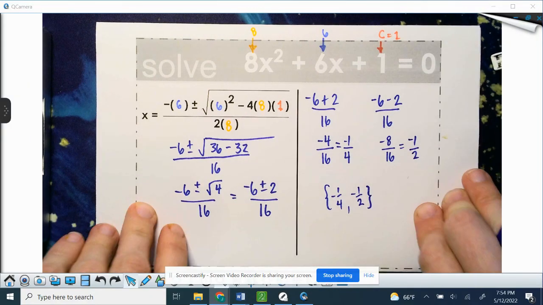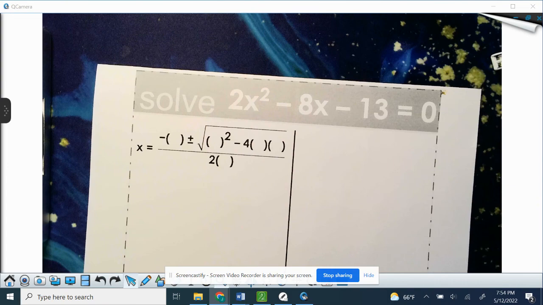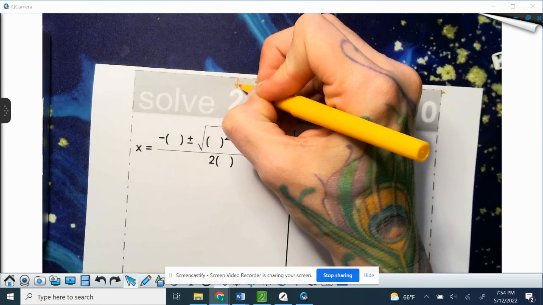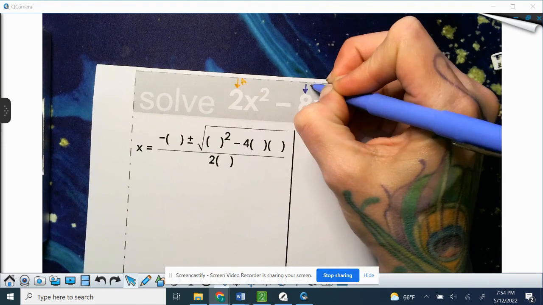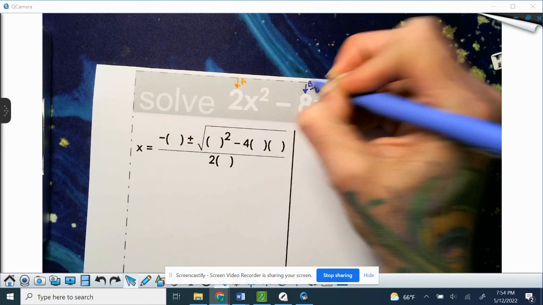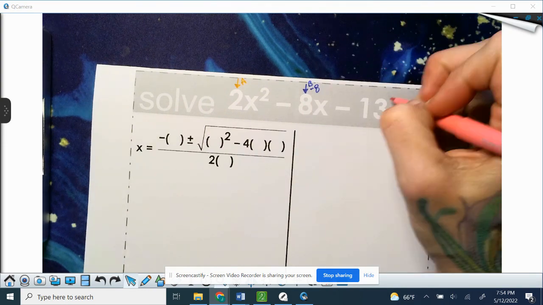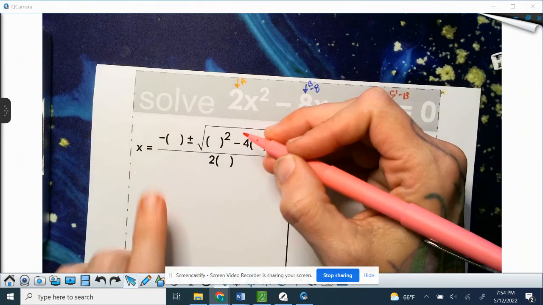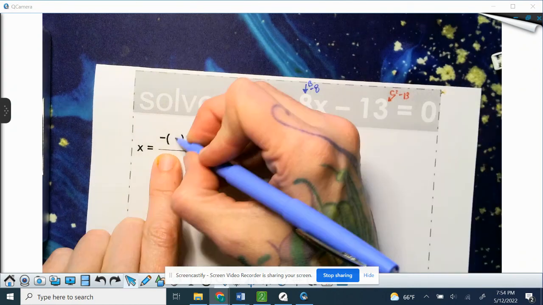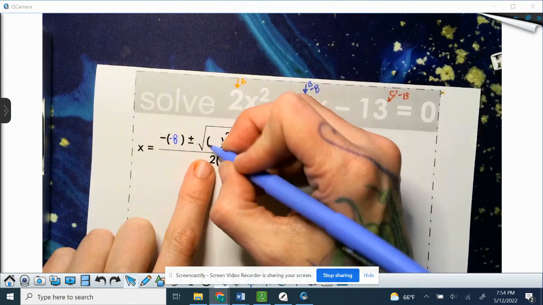Last example, guys. So again, you need to know what your A is. Our A is 2. Our B is negative 8. And our C is a negative 13. So A, negative B, so we're going to take our 8. It's negative 8. B squared, negative 8 squared.